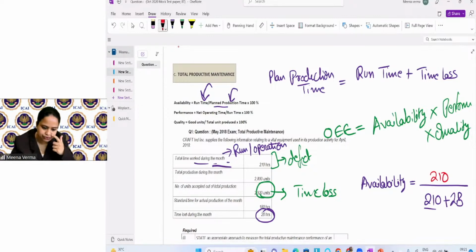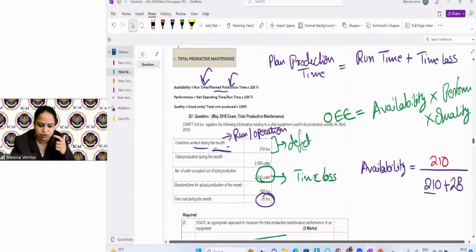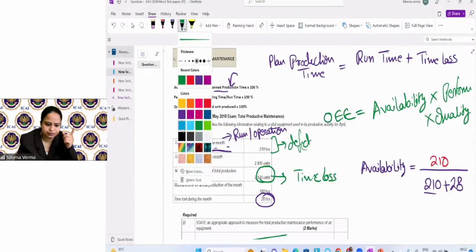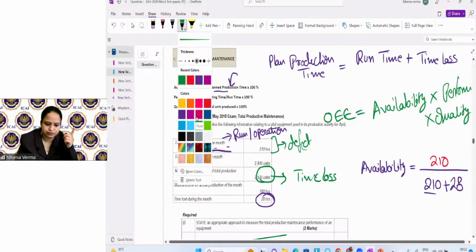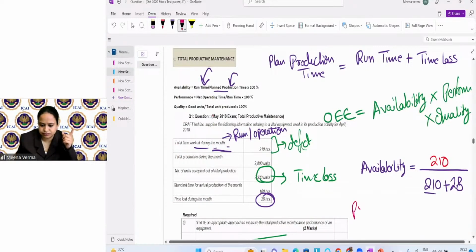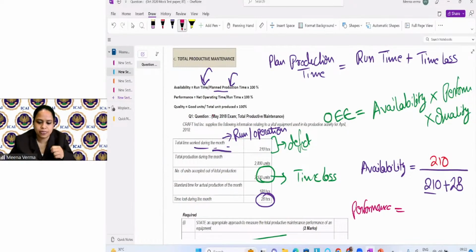Now the next, after finding this value, you have to find performance. Let's see how we will calculate the performance. Performance is related to net operating time divided by runtime.